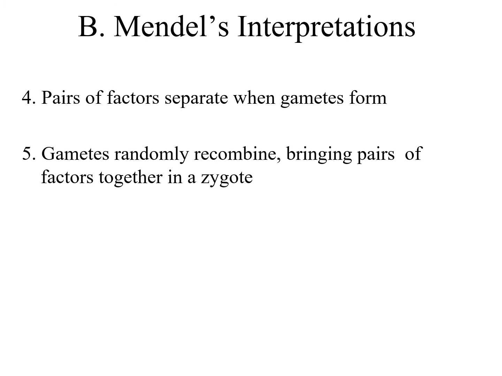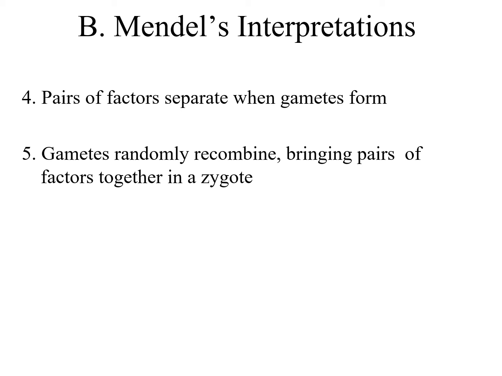The final assumption is that when fertilization happens, the combination of gametes is random. It's random as to which sperm is going to fertilize which egg. But when fertilization happens, it brings those pairs of factors back together in the embryo that we call zygote.